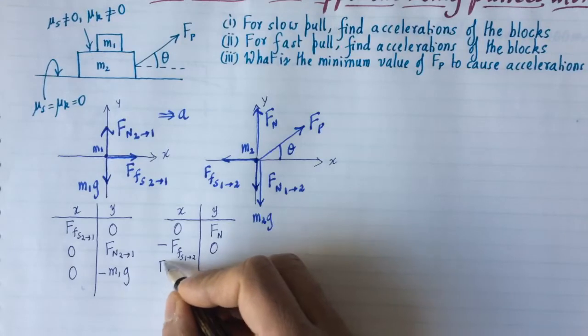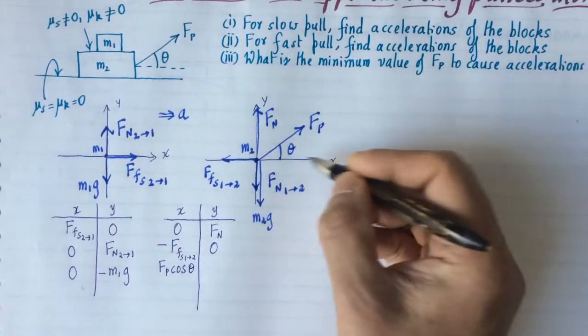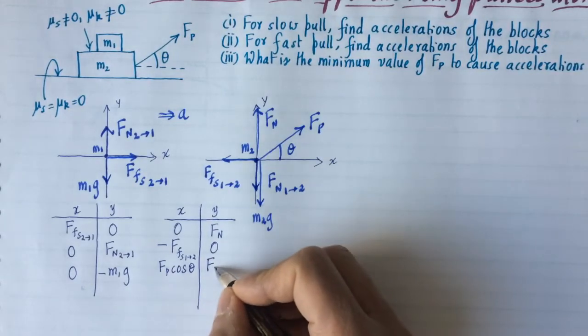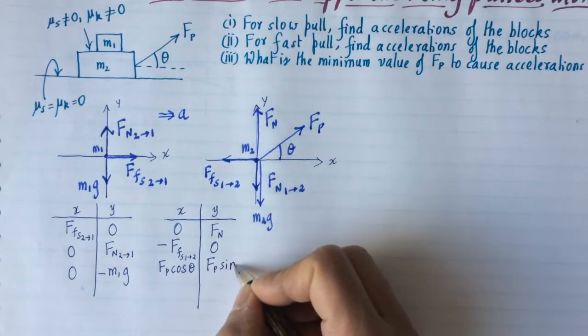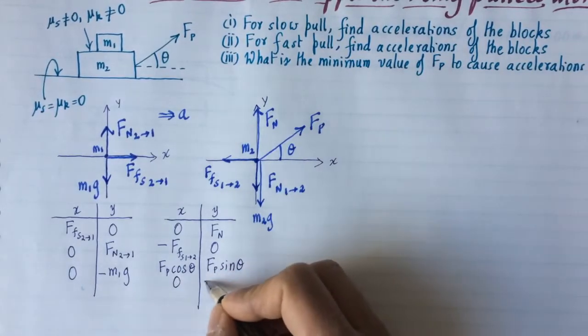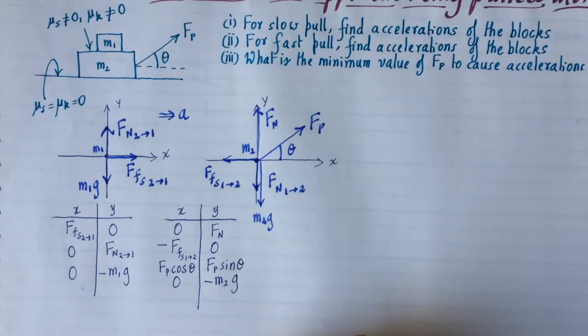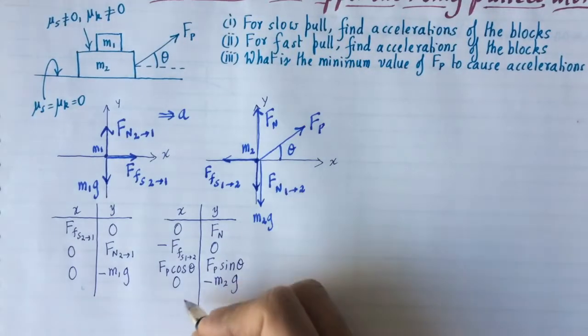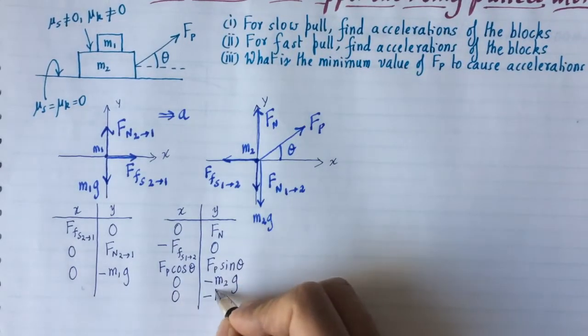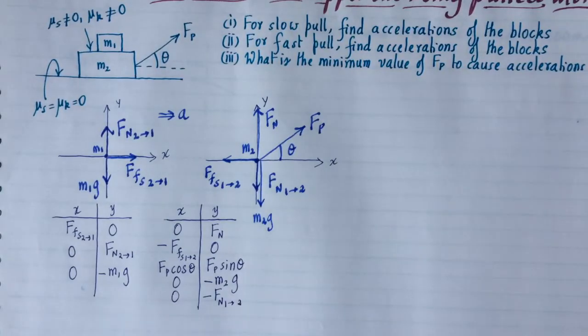Then the pulling force, x component is cosine because adjacent side, y component is sine because of the opposite side, and both components are positive. Then there's the weight. Let's see, there should be one more force, and that is the normal force. So there's 0, negative Fn 1 on 2. So those are the 5 forces for the second block.